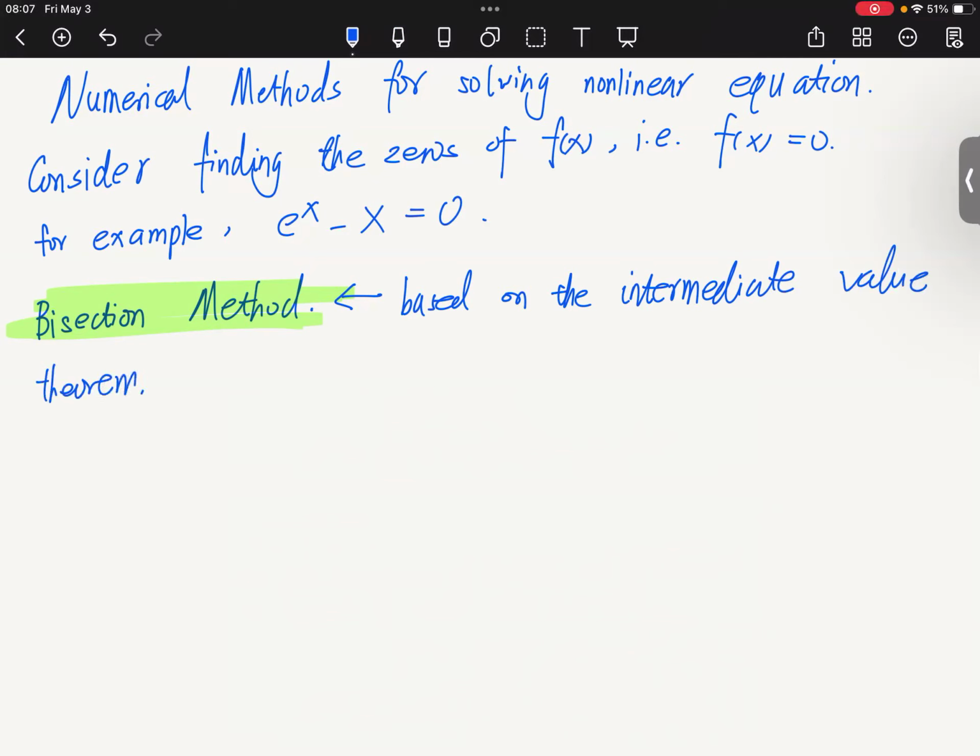So let's take a look at the intermediate value theorem.